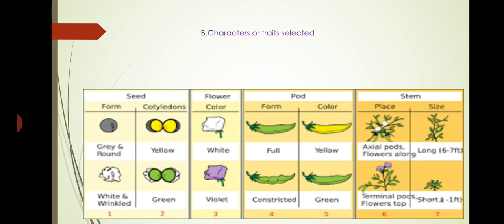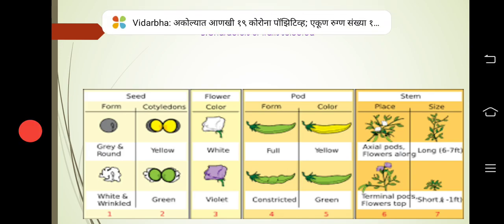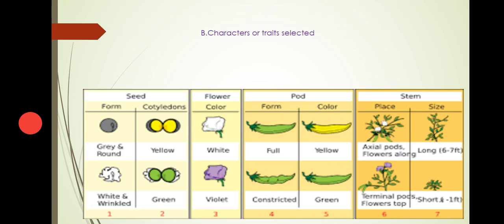Next point, the characters or traits selected in Pisum sativum. There are two contrasting characters, one is dominant and another is recessive. In pea plant, the characters are, first, height.